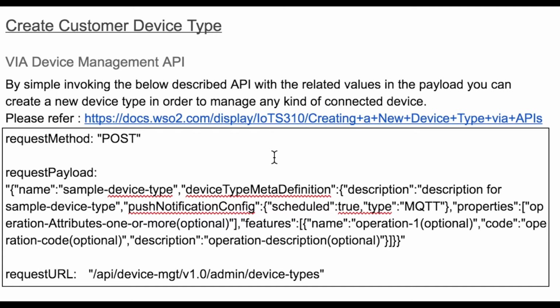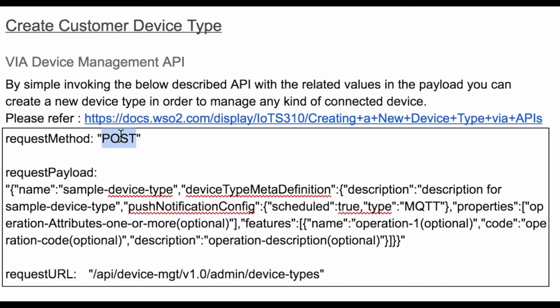To create a custom device type, you can use our device management API as well. It's simply invoking our device types REST service with the following URL /admin/device-type.